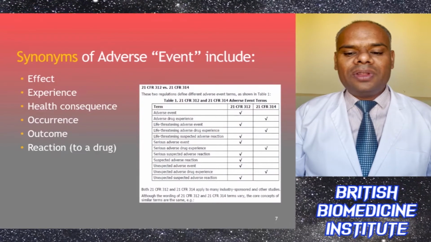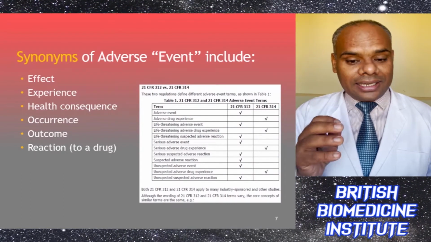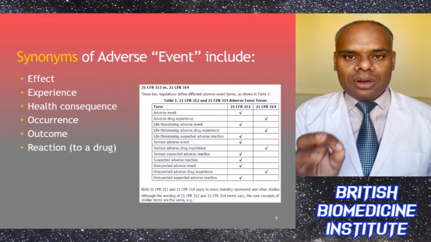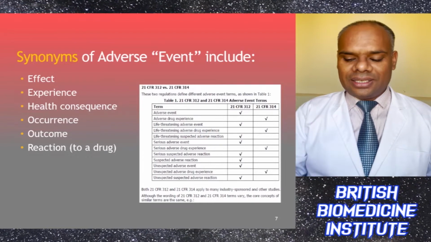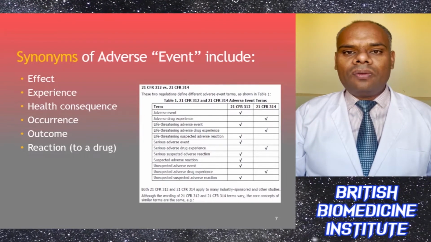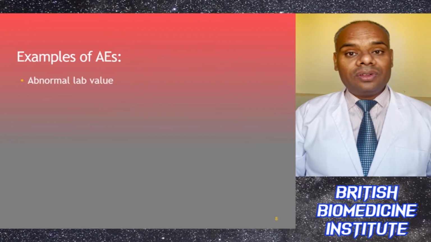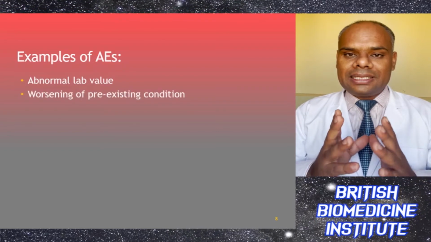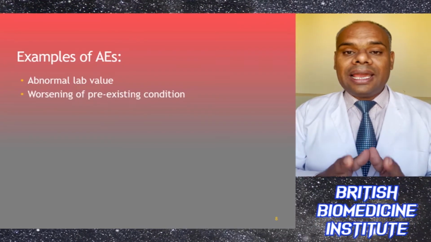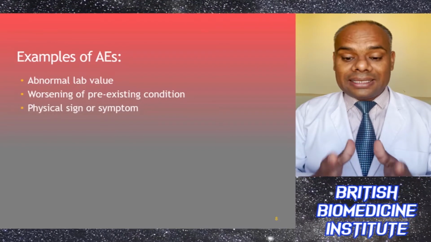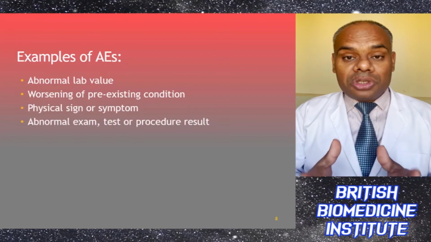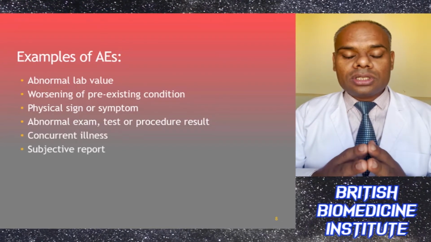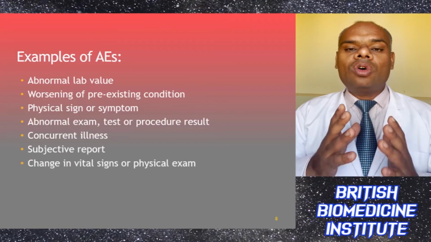The synonyms of adverse event include effect, experience, health consequences, occurrence, outcome, and reaction to a drug. Examples of adverse events are: an abnormal lab value, worsening of pre-existing conditions, physical signs and symptoms, abnormal exam, test, or procedure results, concurrent illness, subjective reports, or change in vital signs or physical exam.